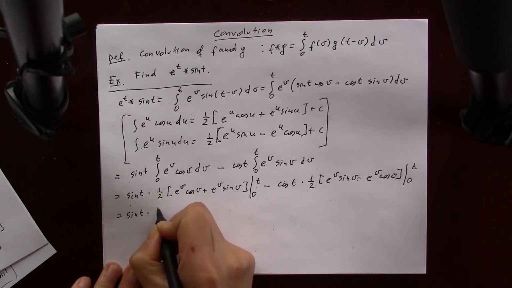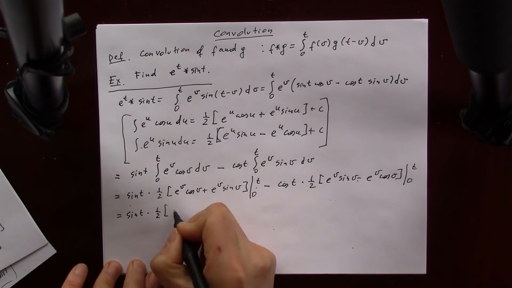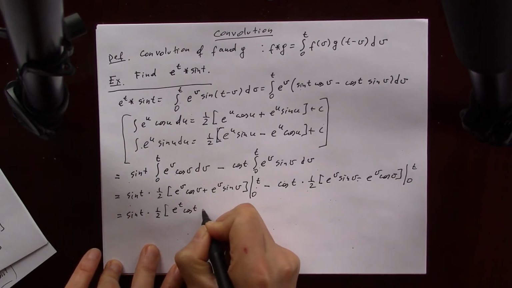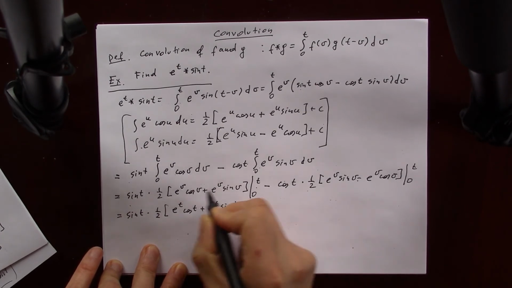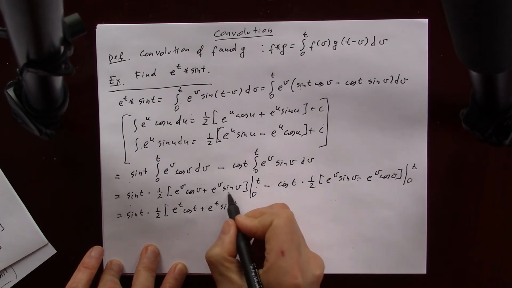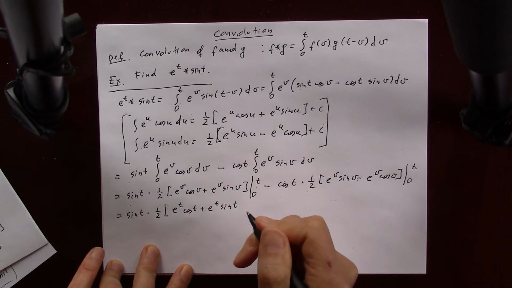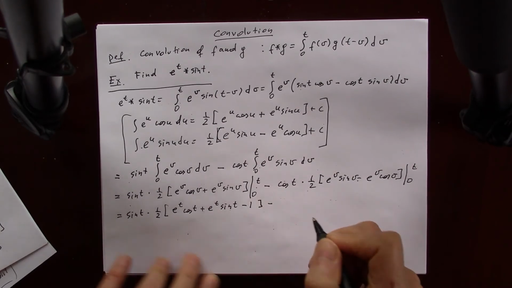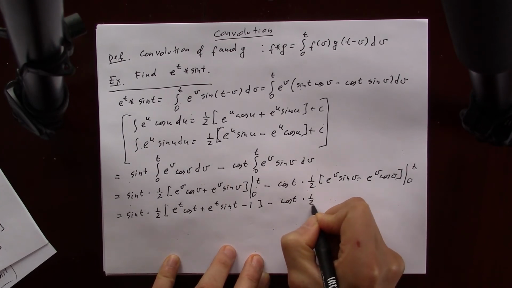So we get sine t times 1/2. Substituting t for v, we get e to the t cosine t plus e to the t sine t. Substituting 0 for v, sine of 0 is 0, cosine of 0 is 1, e to the 0 is 1, so we get minus 1, minus cosine t times 1/2.